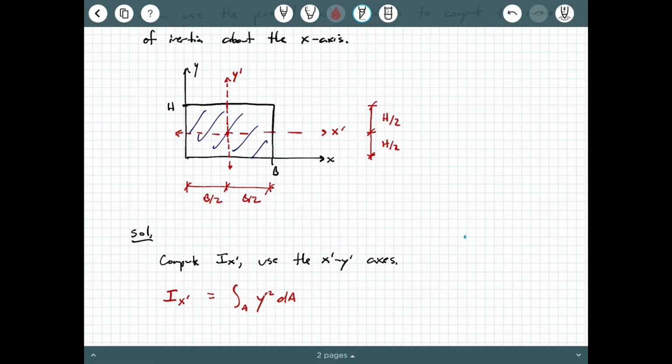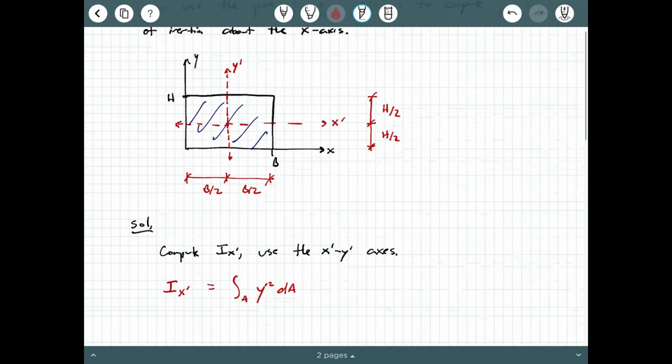It's almost like at this point you can just ignore these regular x and y axes, because we're really concerned with the centroidal axes at the moment. So just to be consistent, I'm saying y prime here because I'm referring to my centroidal axes.